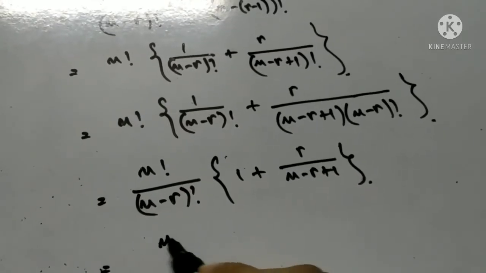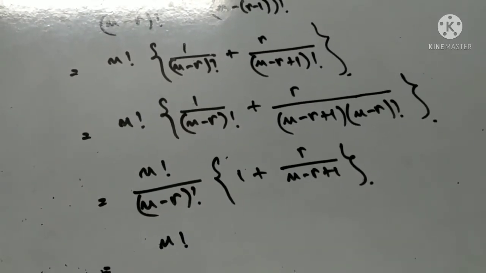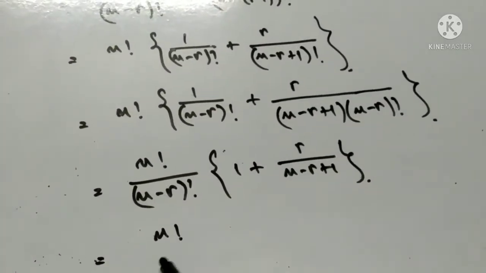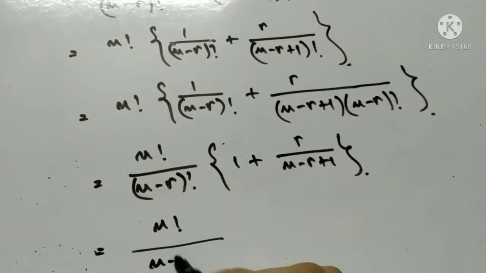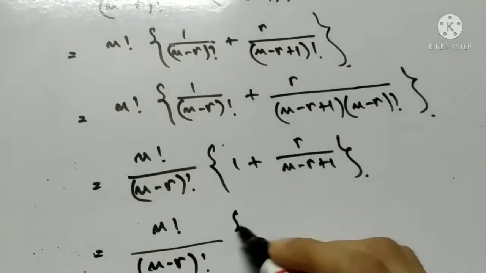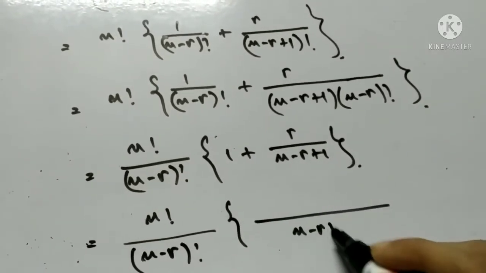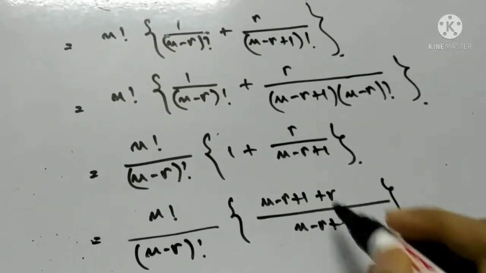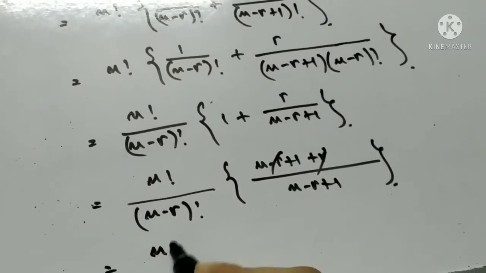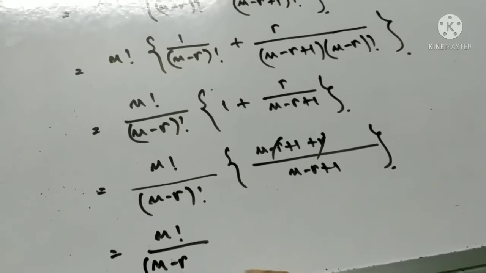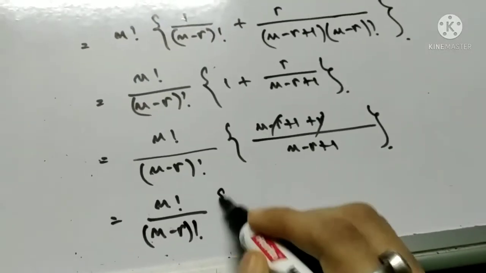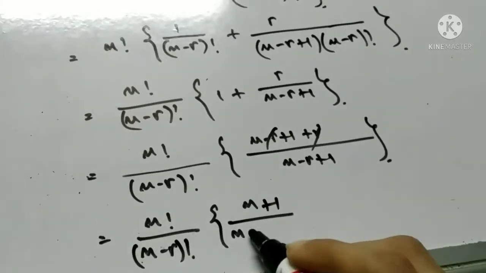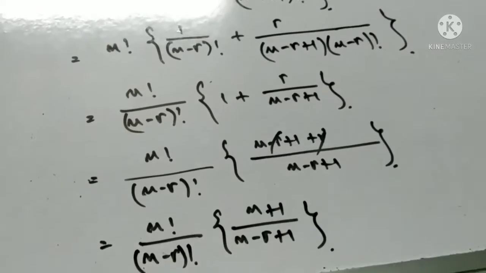So ultimately here I will get 1 plus r by (n minus r plus 1). Finished. So this is n factorial by (n minus r) factorial. If I take the LCM, (n minus r plus 1 plus r) by (n minus r plus 1). The r is gone, so it is n factorial by (n minus r) factorial times (n plus 1) by (n minus r plus 1).